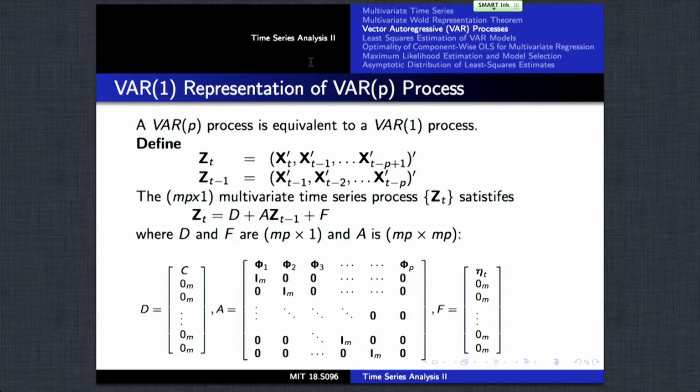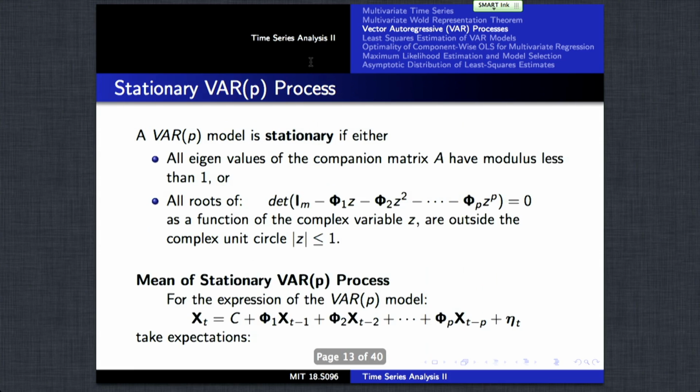If the eigenvalues of this matrix A are less than 1, then we won't get an explosive behavior of the process as it increments over time, with every previous value getting multiplied by the A matrix and scaling the process over time by the t-th power. So that is required. All eigenvalues of A have to be less than 1.